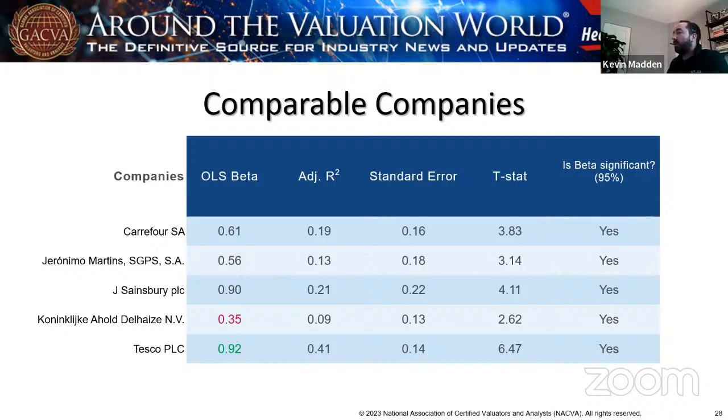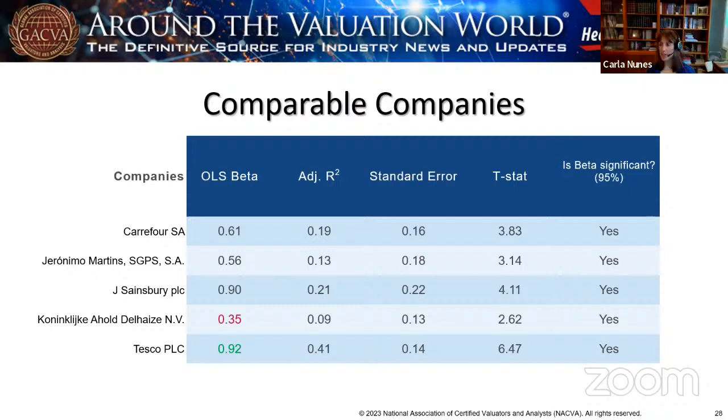The third is going to be a t-stat, and that's a measure of dispersion from our statistical hypothesis test, which can be used to deem if a beta is statistically significant at various confidence levels. So here we're looking at a 95% confidence level, and these betas again are all statistically significant based off our OLS beta.